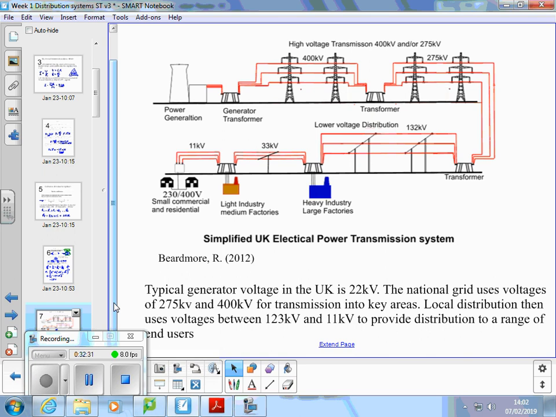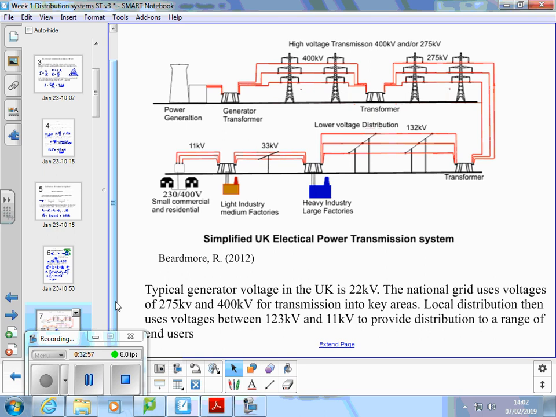Yeah. So they call that transmission at that voltage. So that's getting the electricity from the power stations into key areas. And then the voltage is lowered to a range of different voltages depending on how big the area is and what consumers you've got in that area.